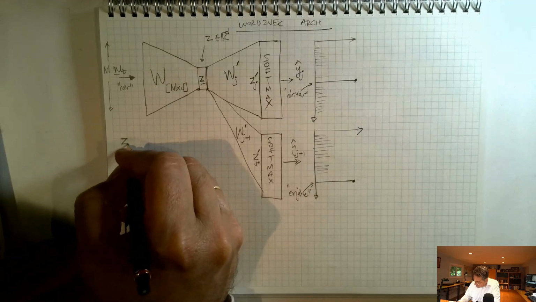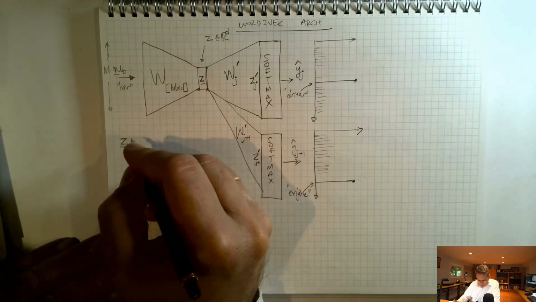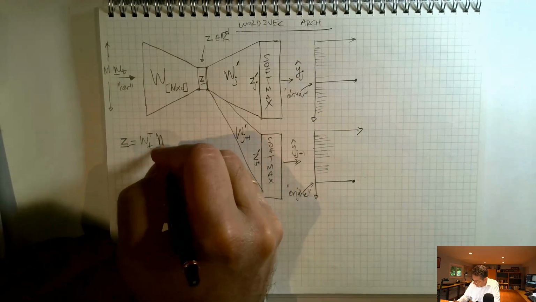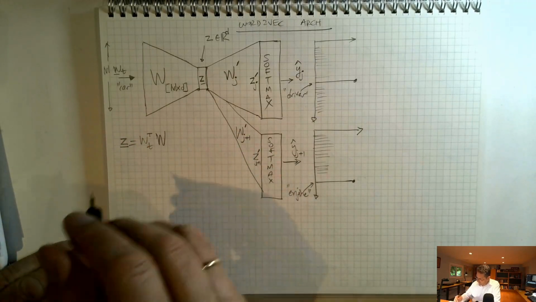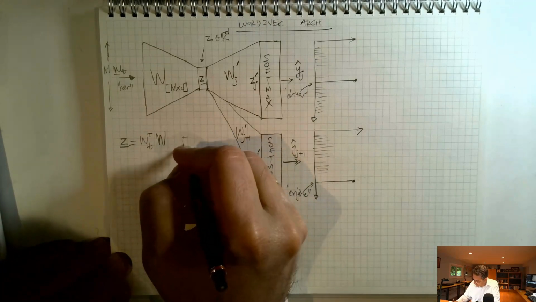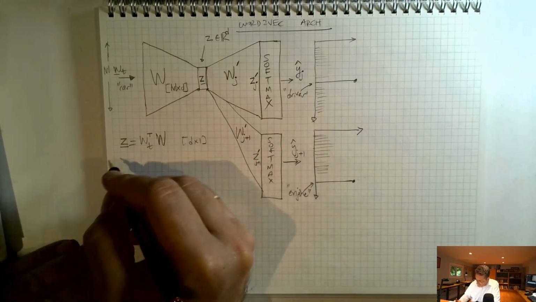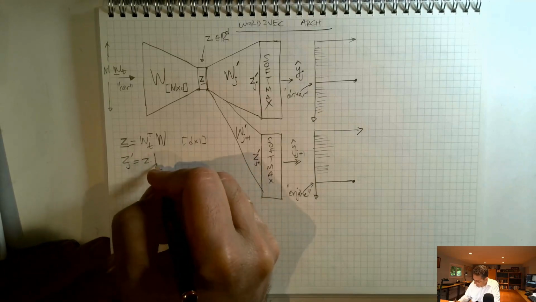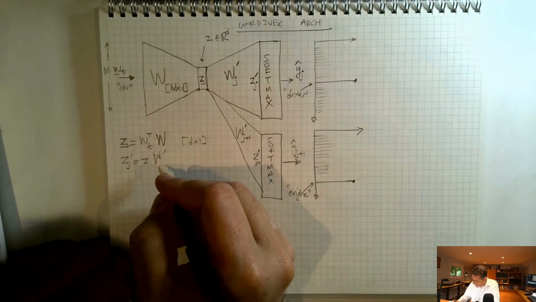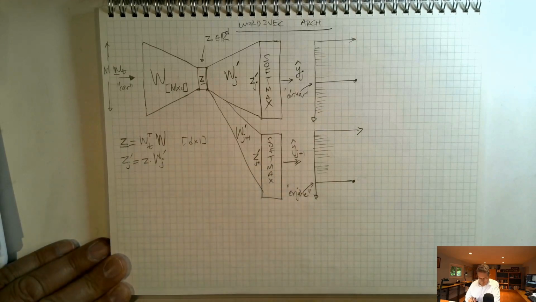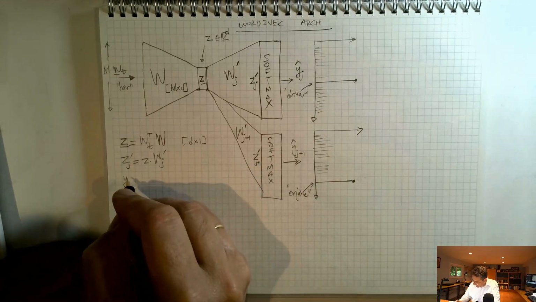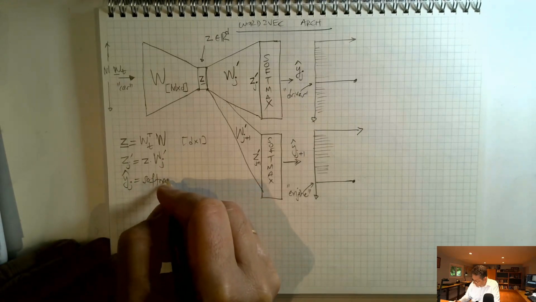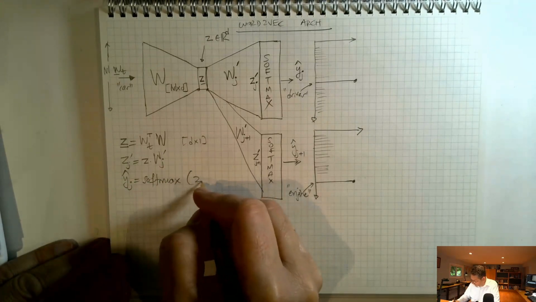We produce z, which is w t transpose W, so this will be 1 times D. Then we have z j prime as z times W prime j, and y hat j is a softmax of z j prime.